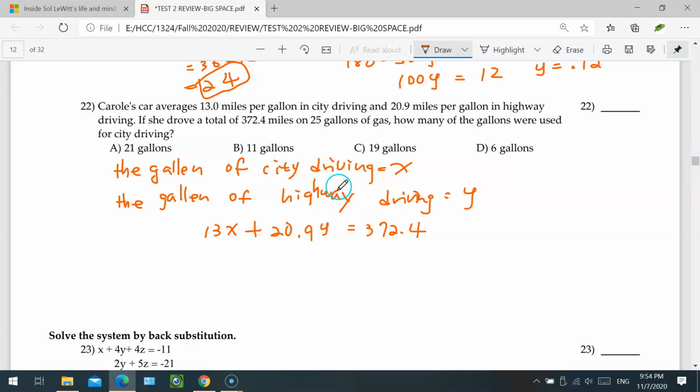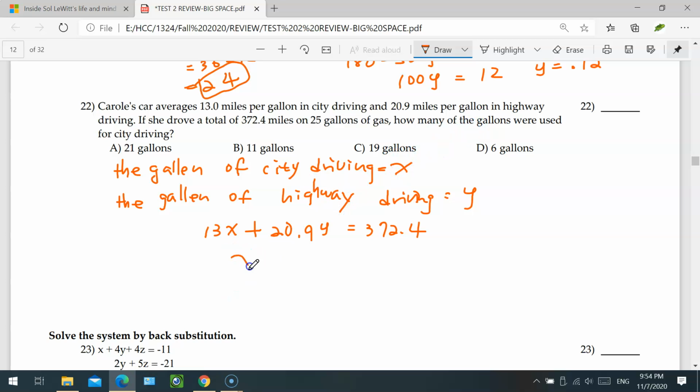And then the second equation is getting the information from here. If she drove a total of 372.4 miles on 25 gallons of gas, how many gallons were used for city driving?